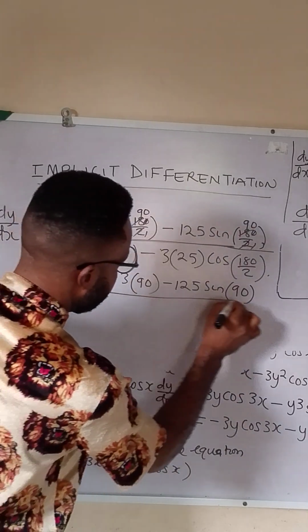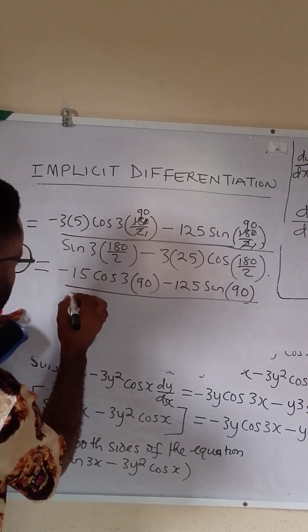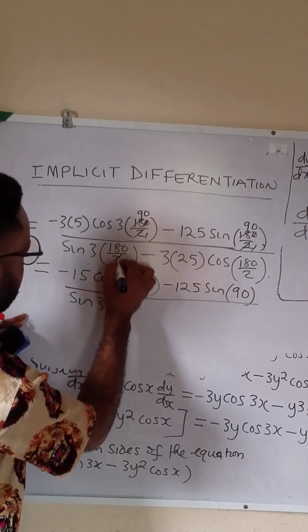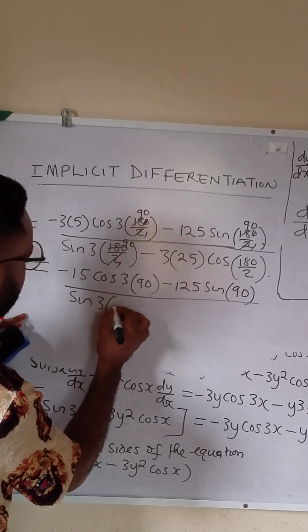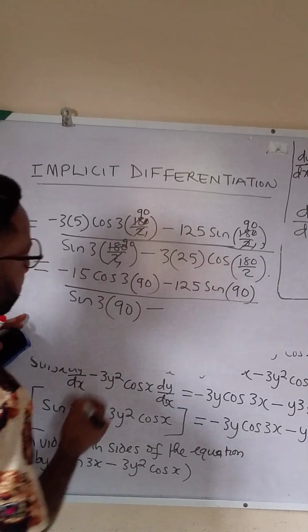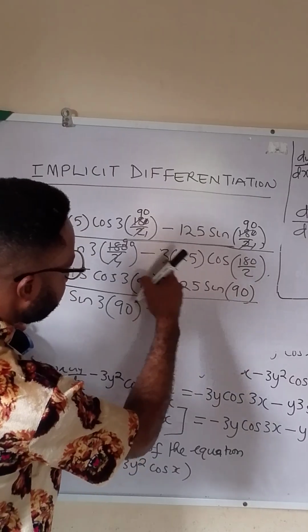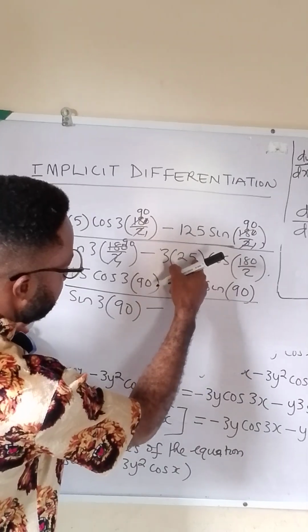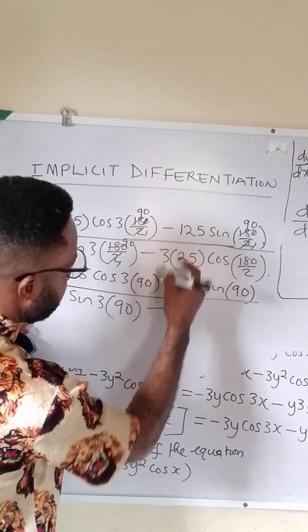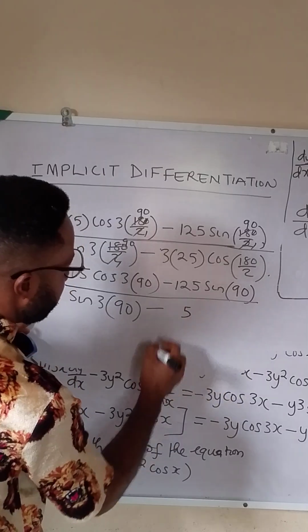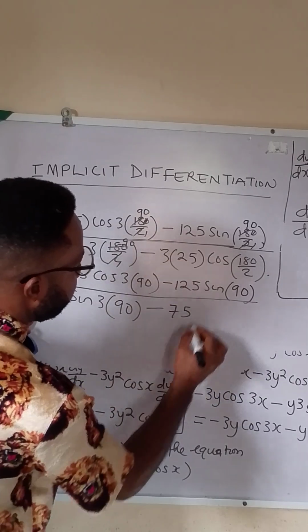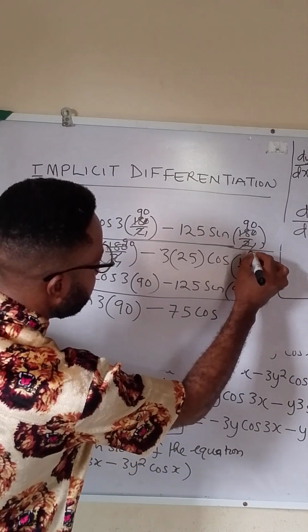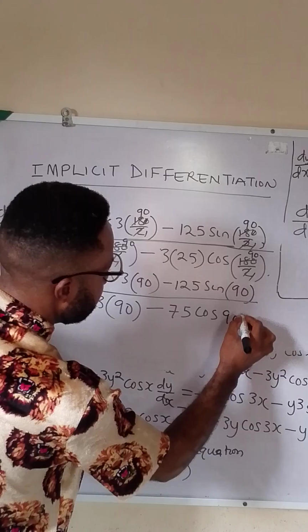So we are done with the numerator. We now go to the denominator, where we have sine 3 into 90, minus 3 times 25, which is 75, cos 90.